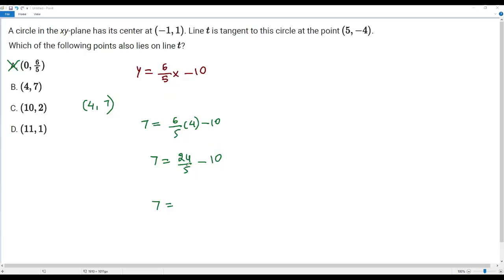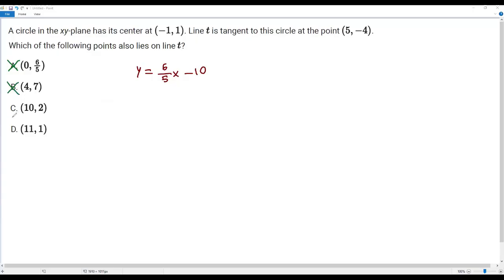Then I take 5 as a common denominator, and I'm getting 24 minus 50 divided by 5. So 7 equals negative 26 over 5. Clearly, 7 and negative 26 over 5 are not equal. So the point 4, 7 in answer choice B does not satisfy the equation of line T, so we can reject answer choice B as well.